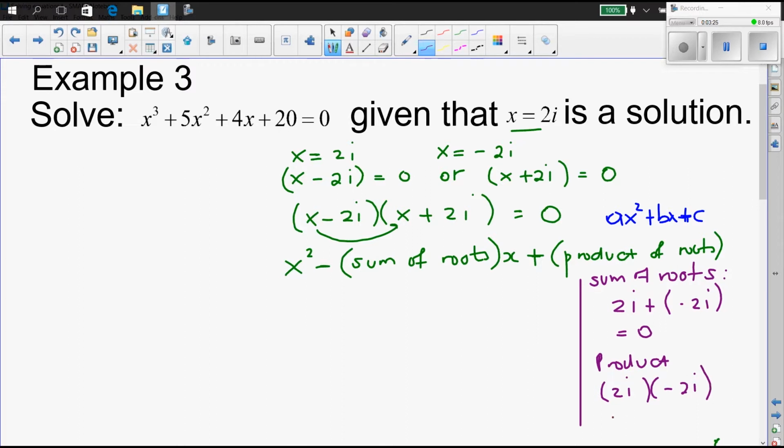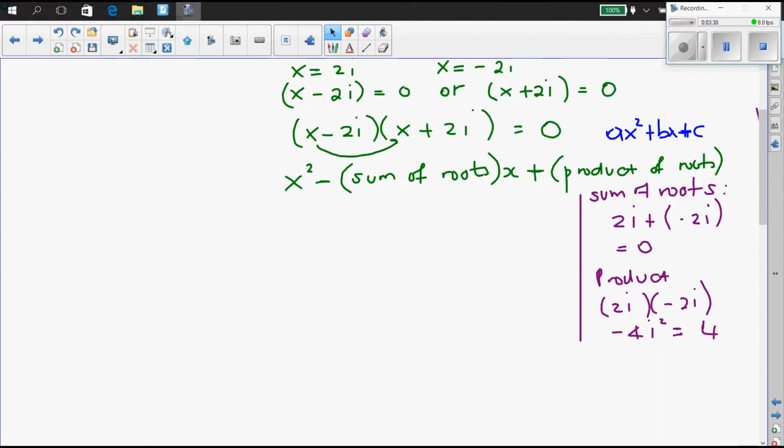This gives me minus 4i squared, and I know that i squared is negative 1, so negative 4 multiplied by negative 1 gives me positive 4. So substituting these values, I get x squared minus 0x plus 4. And this will be one of the factors.